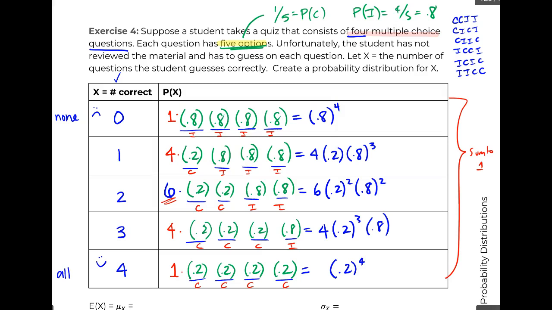So hopefully you're seeing the pattern that's occurring here. As we look at the 0.2s, 4, 3, 2, 1, and technically if we wanted to, there's a 0.2 to the 0 on the top one, right? And same thing with the 0.8s. The 80% goes 4, 3, 2, 1, and then technically there's a 0.